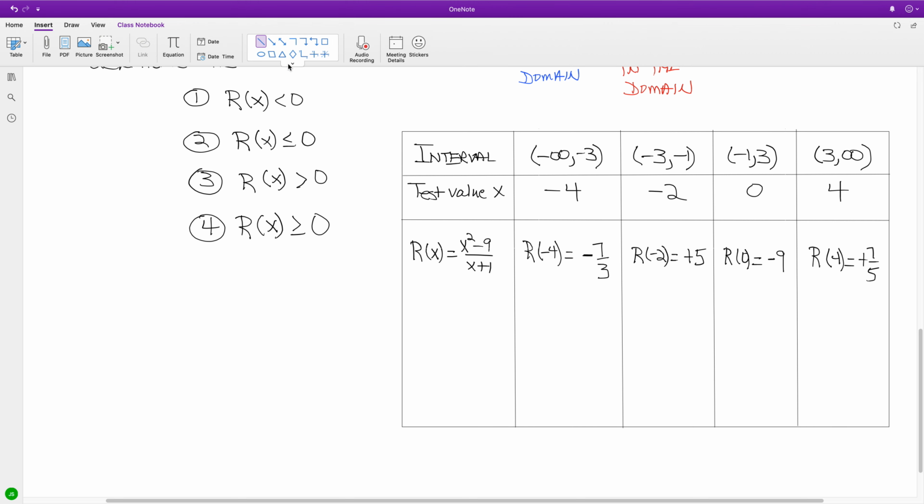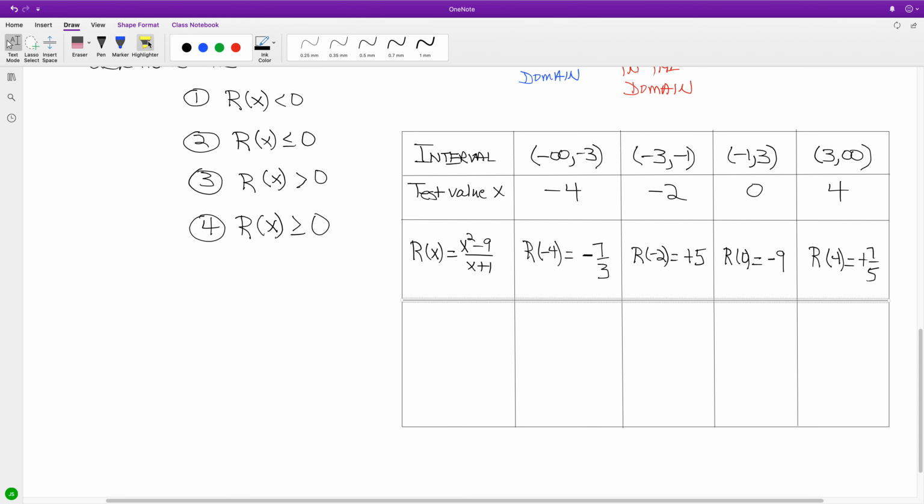And so, looking at what we have resulting from each subinterval, in the case of the sign of R of x, anything we plug in that is less than -3 for x, the output is going to be negative. So we have R of x is less than 0.